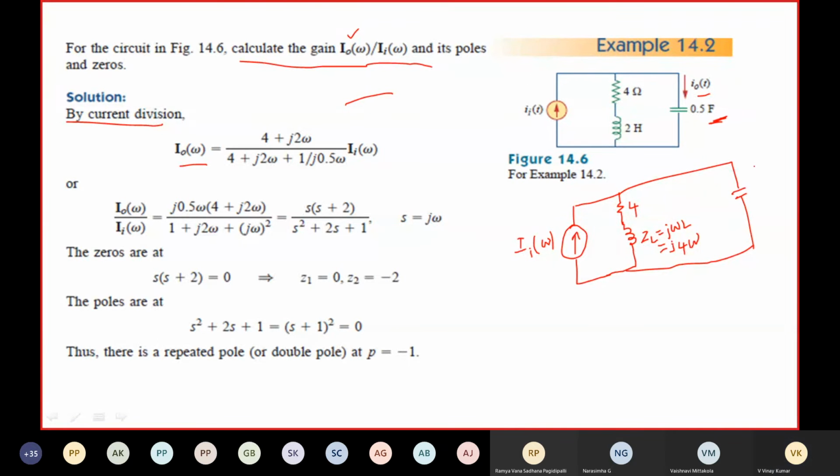It is 1 by j omega C. C is 0.5, so you are going to get 2 by j omega. This is the circuit in the frequency domain.